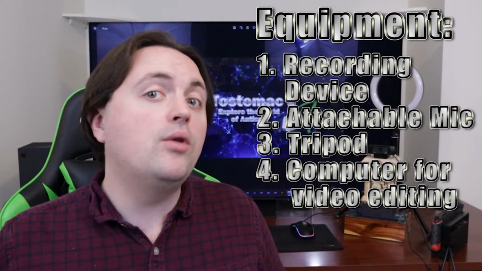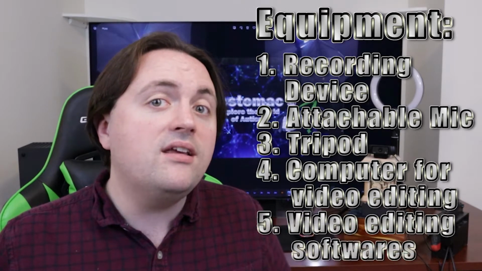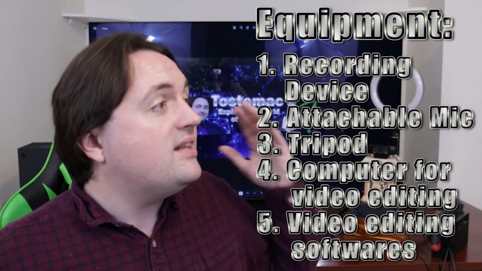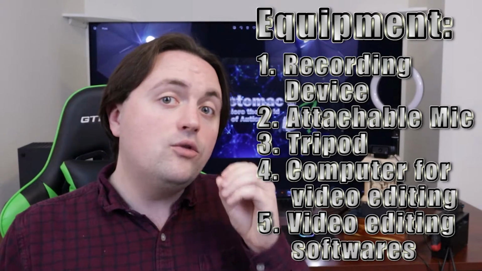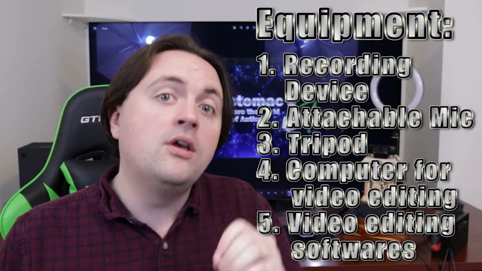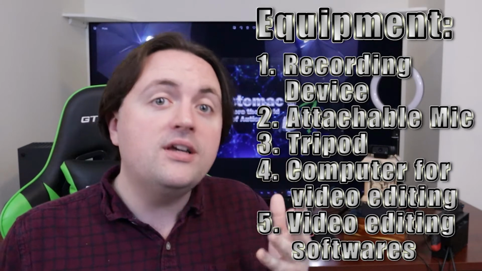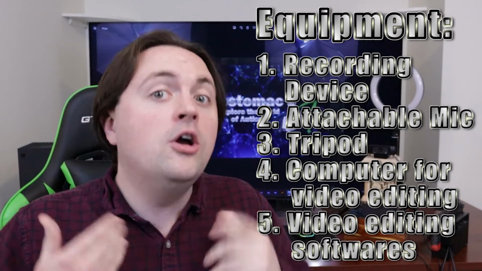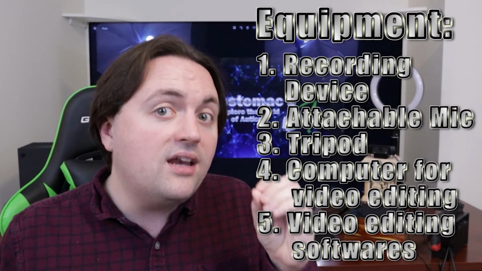Now we are at the point where we can look at the video editing softwares that you'll want to use. This is the equivalent of putting the icing on the cake. This is where you can polish your videos to the way that you want them to look and sound. Now, all the video editing softwares I use come from Adobe Creative Suite.